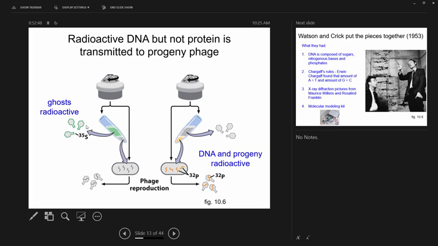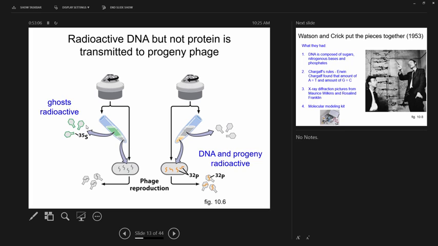But what we call the supernatant, the part of the centrifugation reaction here that was not the pellet, the rest of the fluid, the liquid there, that remained radioactive because that's where the protein ghosts were.